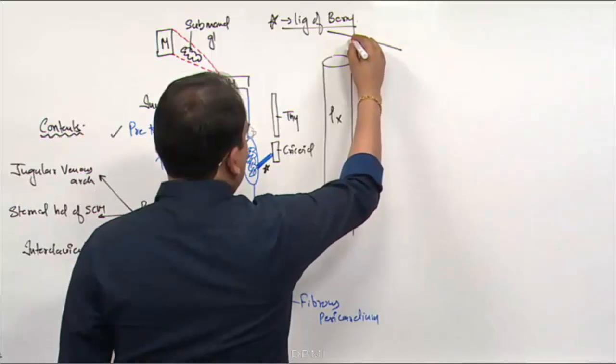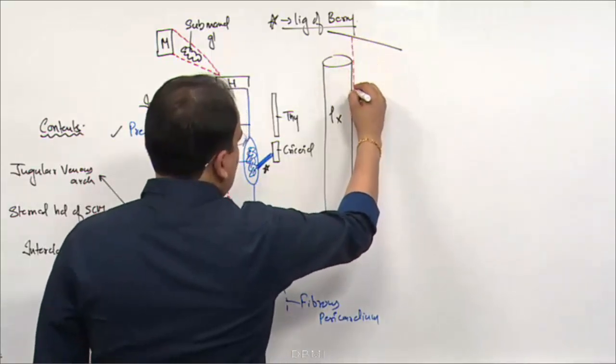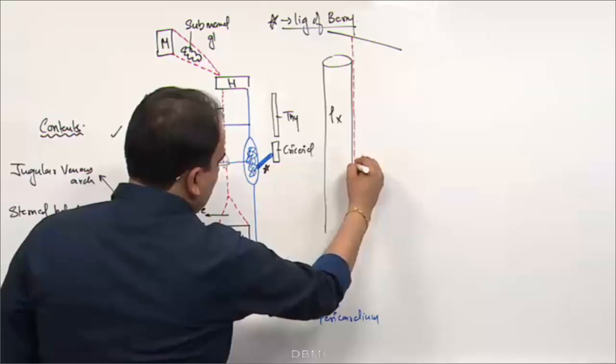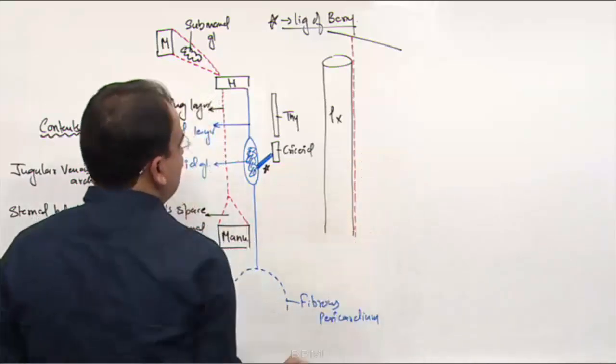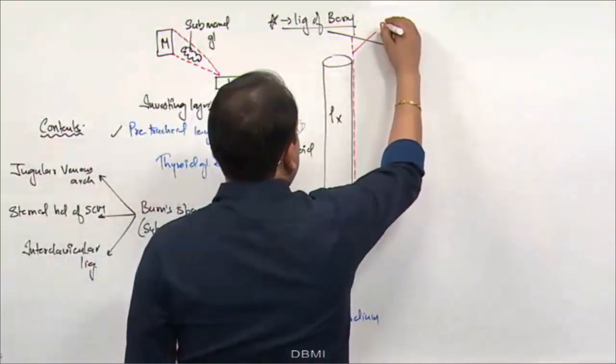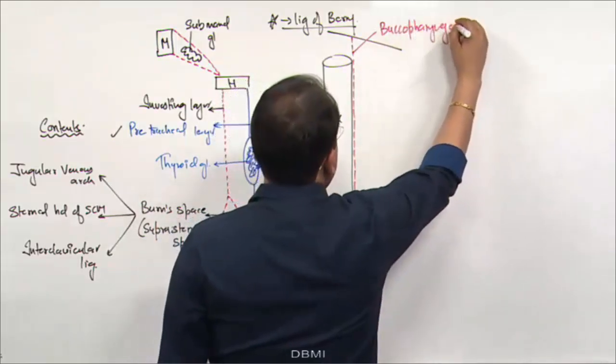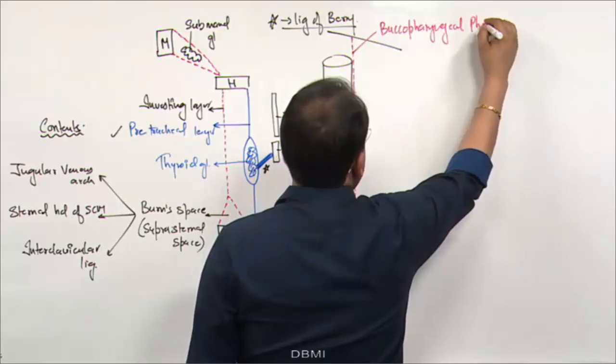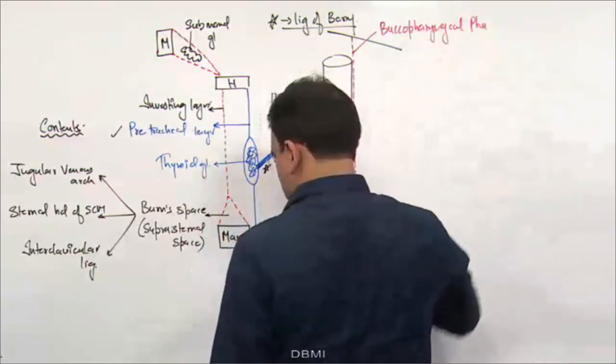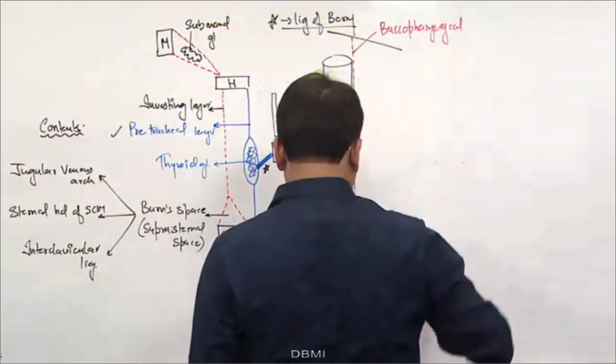This buccopharyngeal fascia is closely related to it, and is not a modification of the investing layer or the deep cervical fascia. This is the buccopharyngeal fascia.